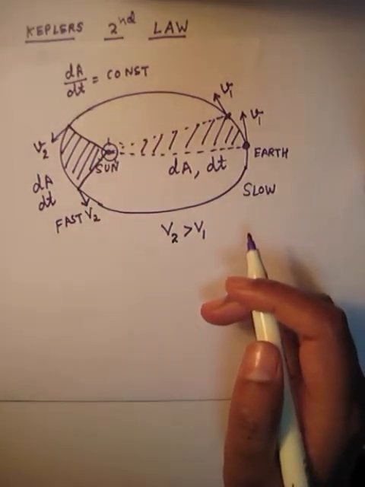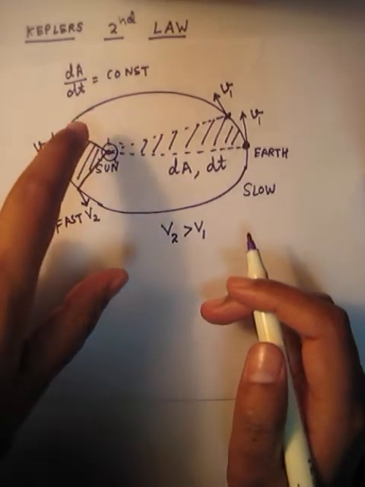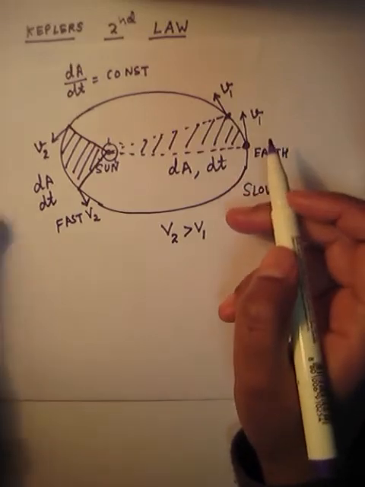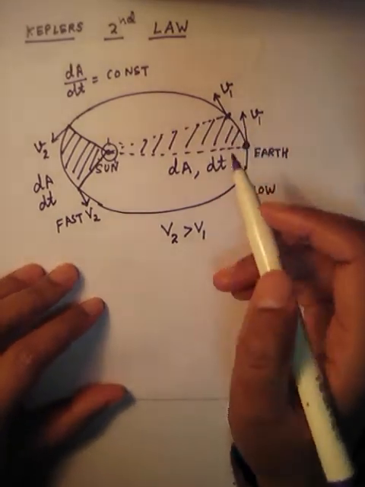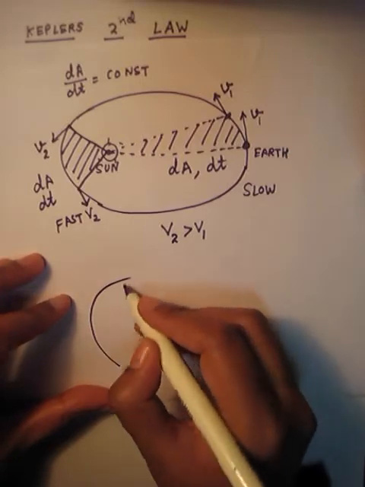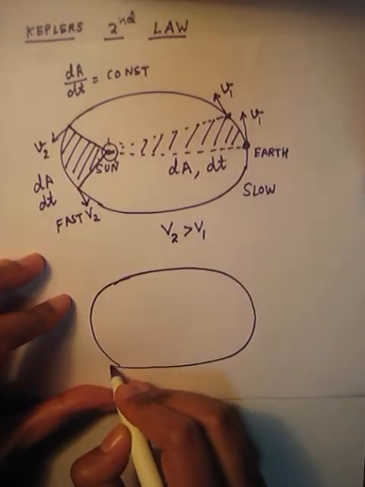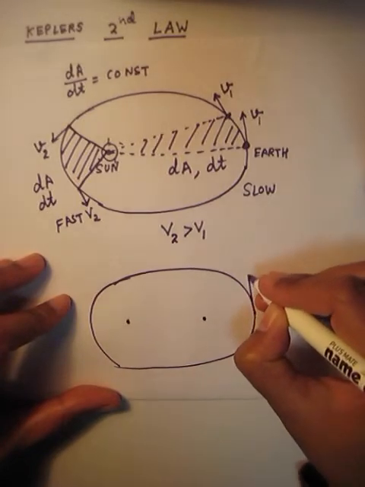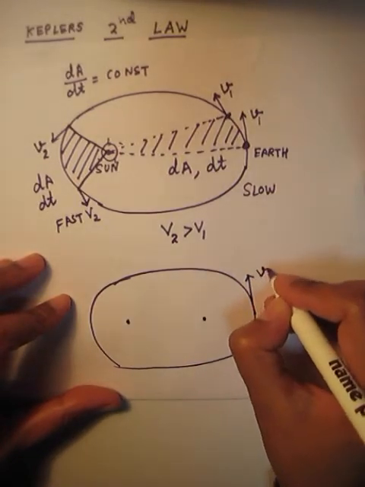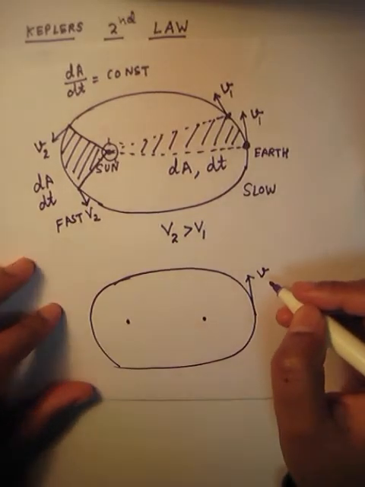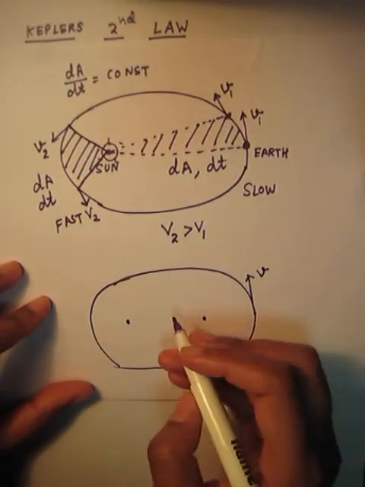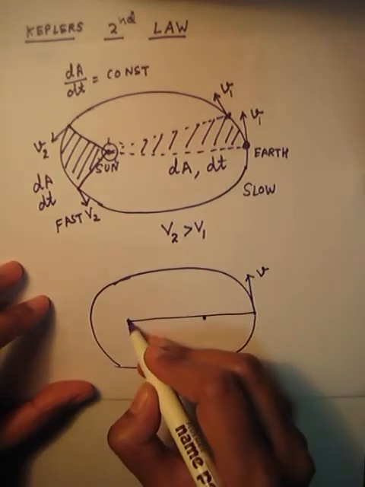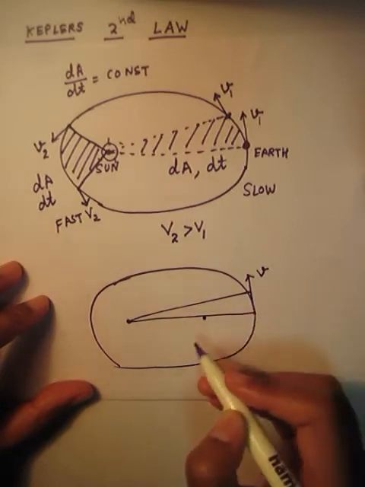So we can also prove how it is constant. Let's say the Earth is moving at this particular point with velocity v, and it travels from this point to this point.